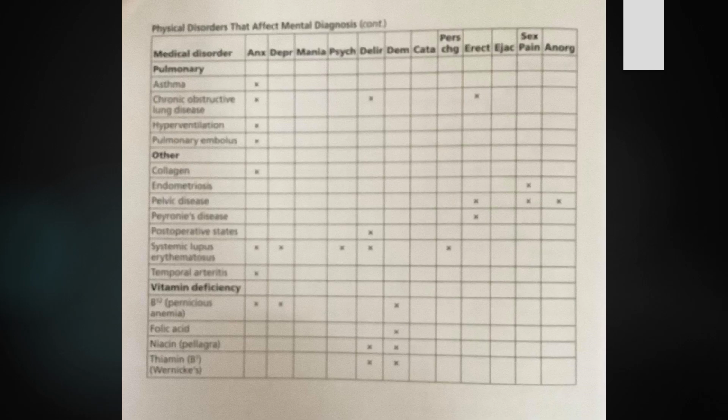So often what a psychiatrist will do is try to rule out whether or not there's a neurological, vitamin, pulmonary, or cardiovascular disease that's causing the problem instead of something that's more psychiatric. Sometimes these are not so easy to actually rule out.